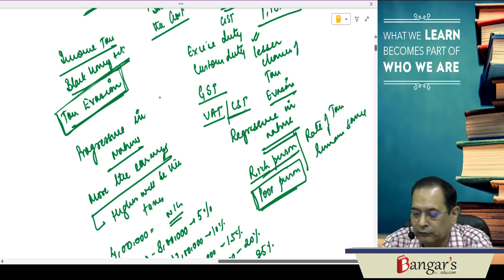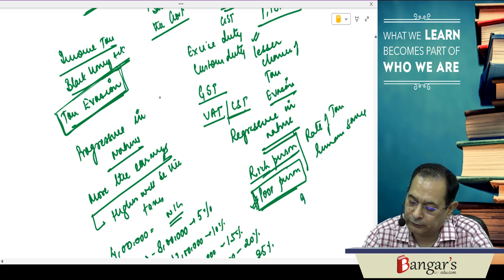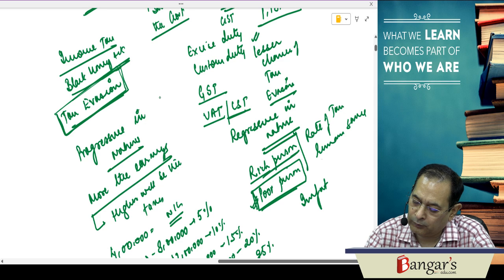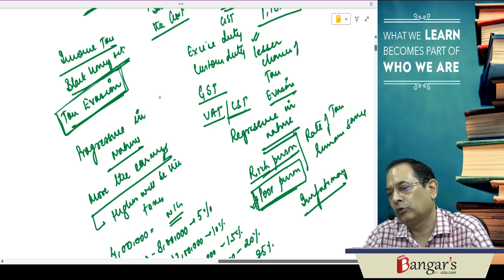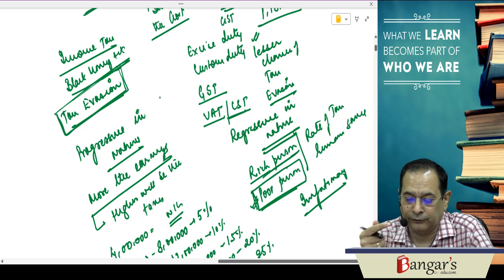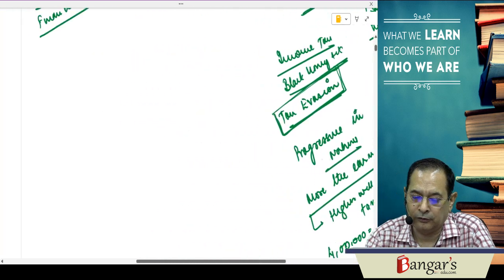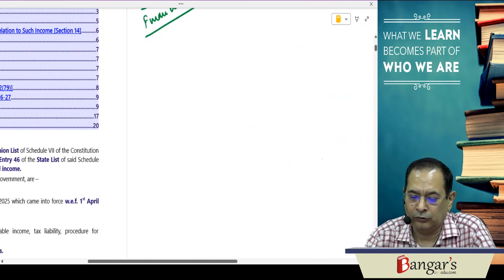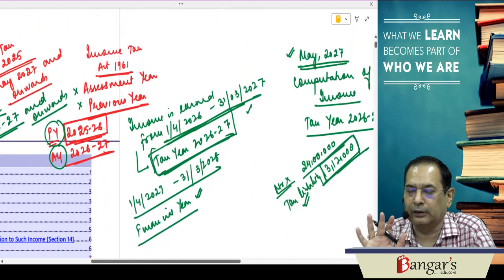So the incidence of tax on a poor person will be higher in comparison to a rich person in case of indirect tax. Then they prove to be inflationary in nature, when the prices of commodities increase because of the taxes. So this is a basic framework which we have discussed here.